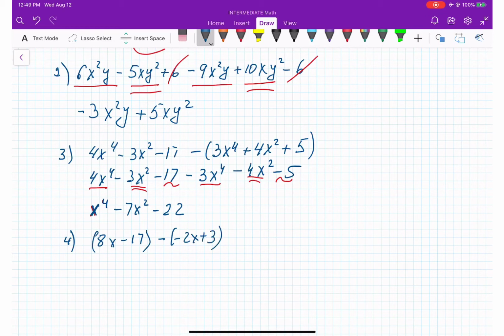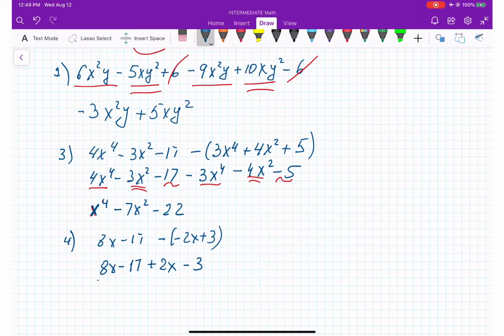Okay, again, I'm taking off these parentheses. I don't need this. It's not necessary. But the other one, yes, I have to keep it because I'm going to open and it will flip the sign. So I have 8x minus 17. Negative 2x will become positive 2x and plus 3 will become negative 3.